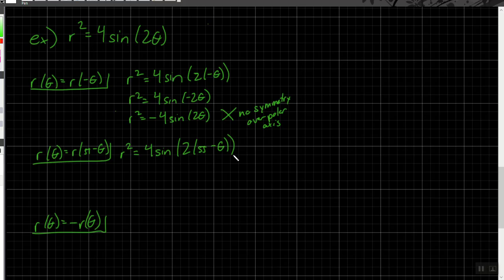Whenever you see a negative theta in a function, that's our function with negative theta.